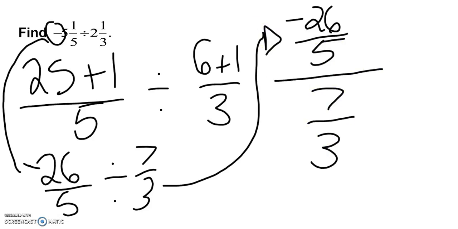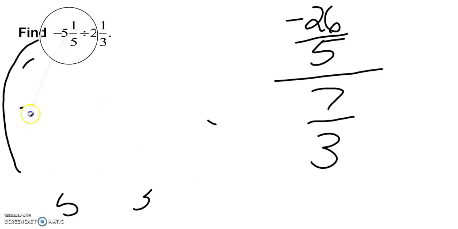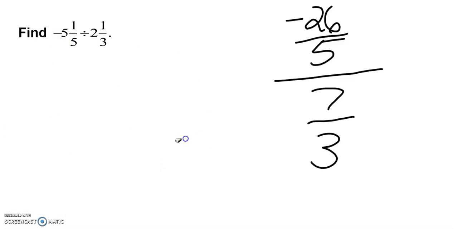And let me erase all of this extra work just so we don't get confused. Okay. So I want to get rid of this down here. This is just ugly to me. It's too much going on. This whole thing just looks like a mess. So I'm going to get rid of this.